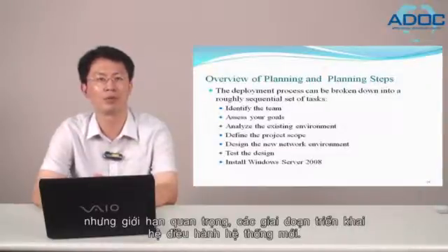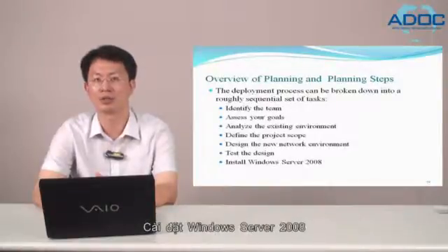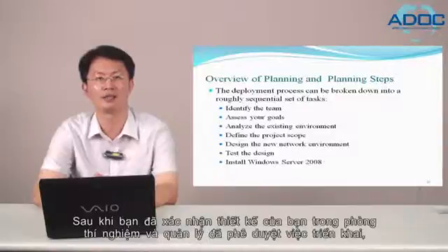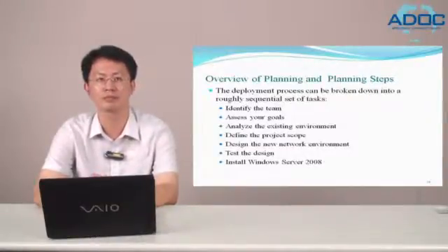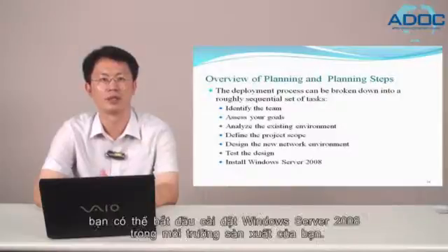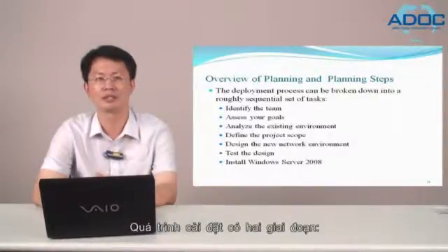Part of deploying a new network operating system: install Windows Server 2008. After you have validated your design in the lab and management has approved the deployment, you can begin to install Windows Server 2008 in your production environment. The installation process has two phases.